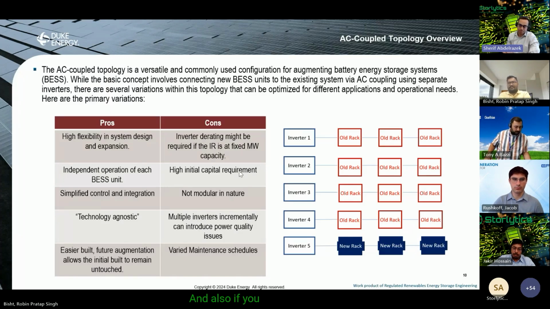And also if you change the dispatch profile. In other words, shallow discharges versus deep discharges control the losses and also the auxiliary load being consumed. So I hope that helps.